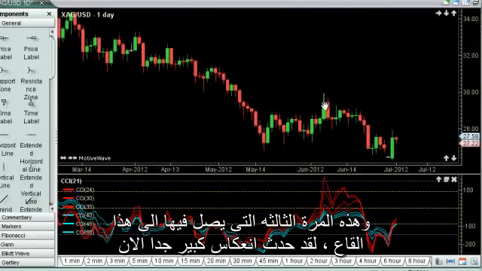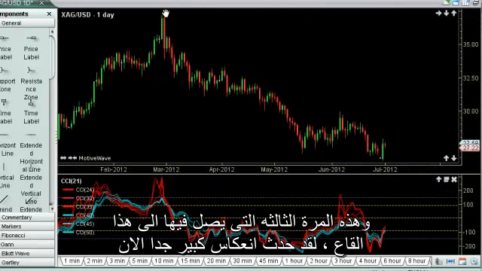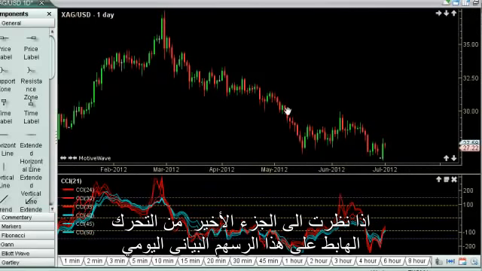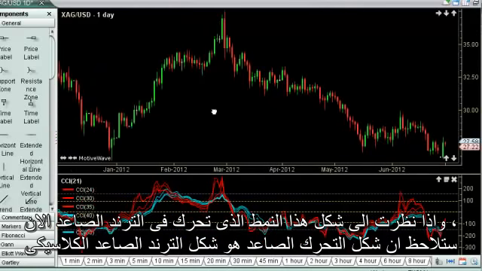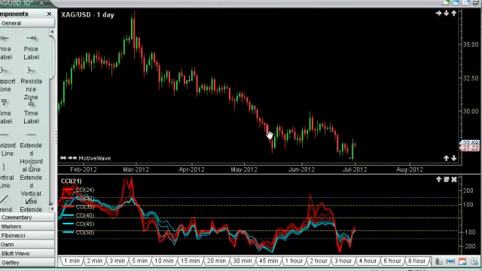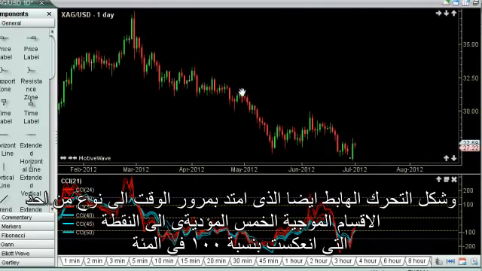Now, if you examine the last section of that movement down on the daily, notice the shape of the move up is a classic uptrend shape, and the shape of the move down also has spread out in time into a kind of a 5-wave section leading to the 100% turning point area.